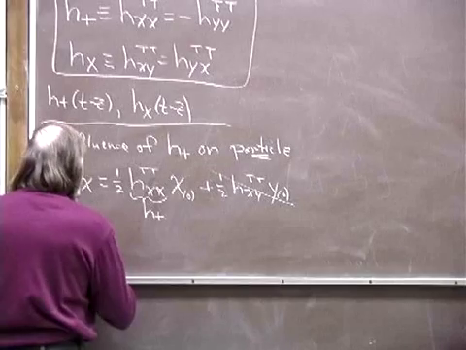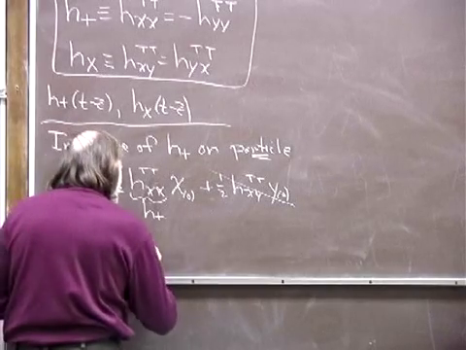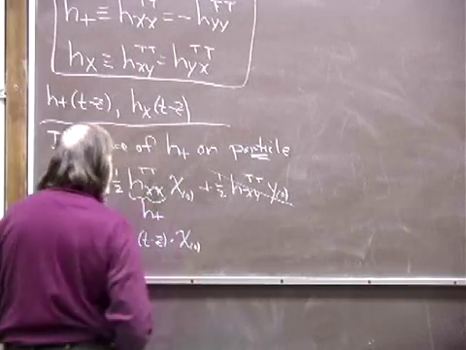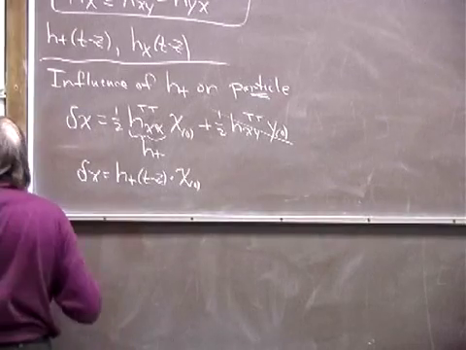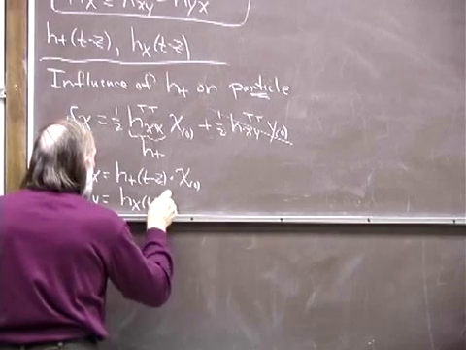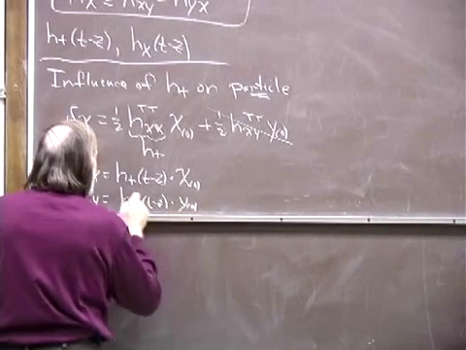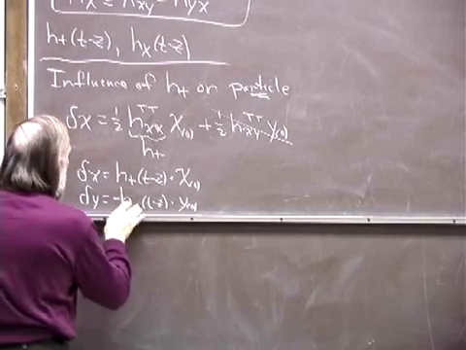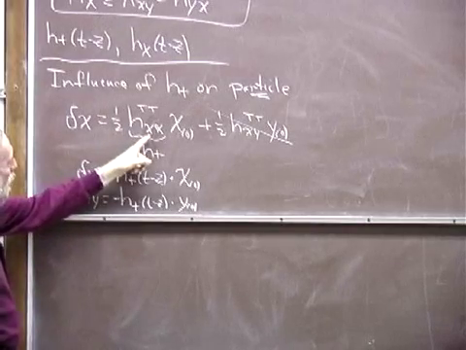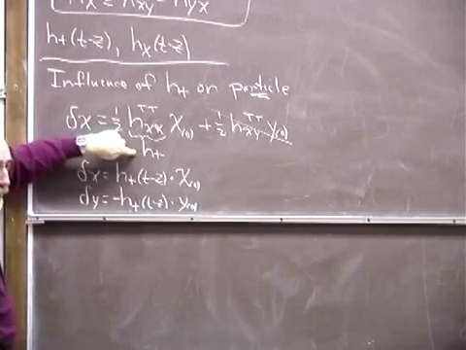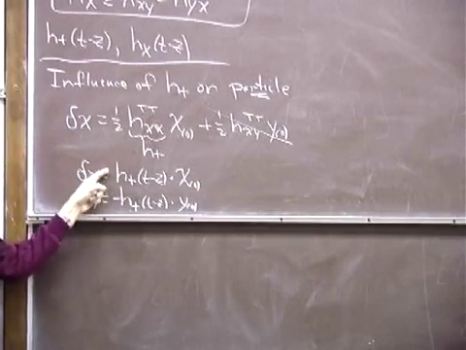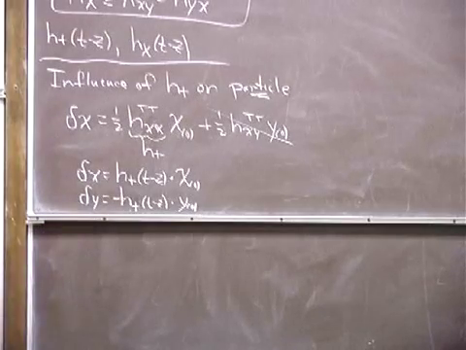And so delta x is equal to h plus, which of course is a function of t minus z, times the unperturbed x position. And similarly, one can go back to that equation and see that delta y is h plus with a minus sign times the unperturbed y position. The reason is that the same argument would go just replacing x by y, but hyy tt is minus h plus, so that's where the minus sign comes from. So it's the trace-free nature of this gravitational wave field that gives you that sign flip.